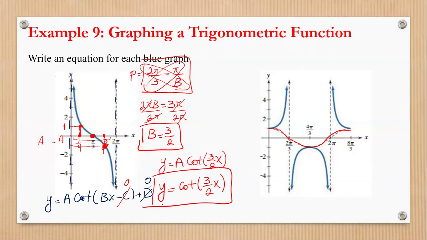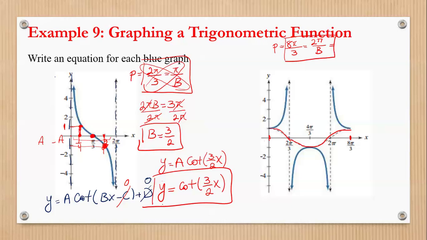As we see in this graph, one period of this function is 8 pi over 3, because we have the graph from 0 to 8 pi over 3. And if the period of the function is 8 pi over 3, since the period of the secant and cosecant, or sine or cosine, is 2 pi over b, you can easily, using this equation, find the b.